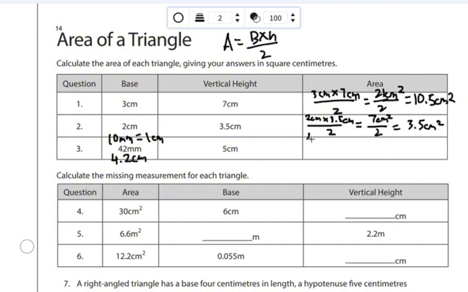So we will take 4.2 cm multiplied with 5 cm over 2, which we will get 21 cm squared divided by 2, which is 10.5 cm squared.